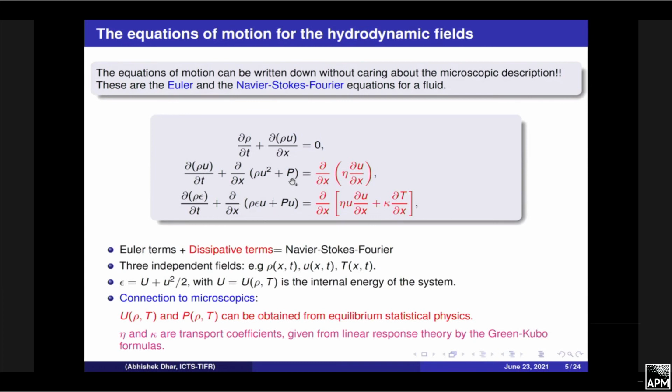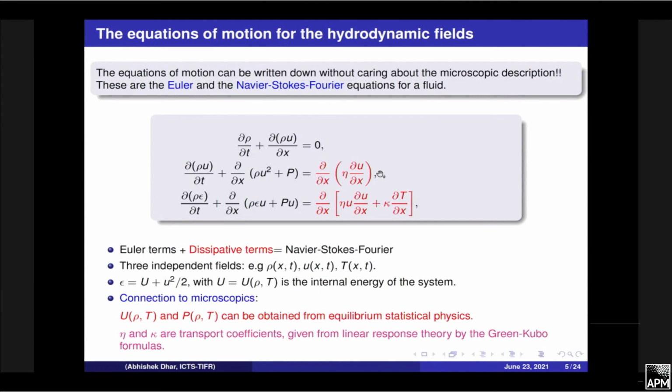This equation has two kinds of terms. These red terms are what are usually called dissipative terms, and this is also what I'll call Navier-Stokes-Fourier terms. So this is the usual Navier-Stokes term coming from shear viscosity, and then there's a thermal conduction term, which is the Fourier term.